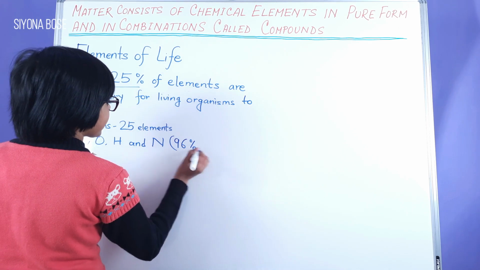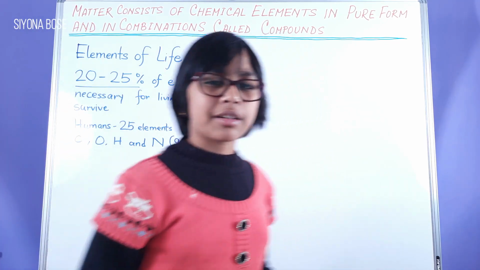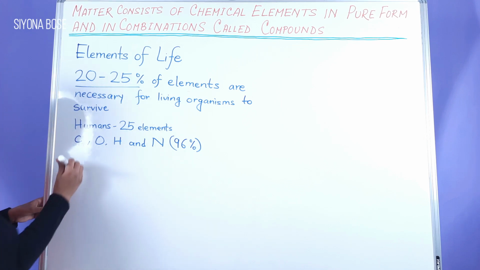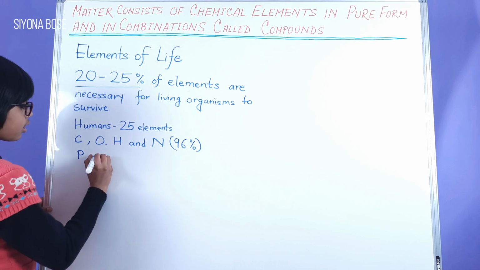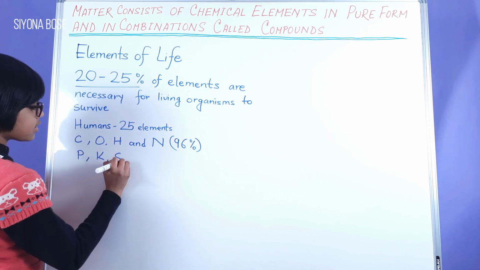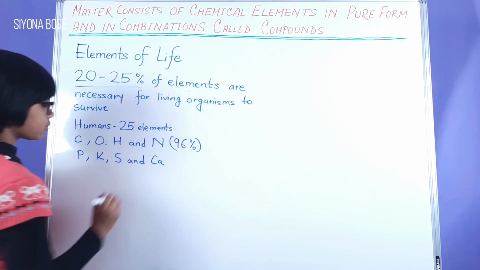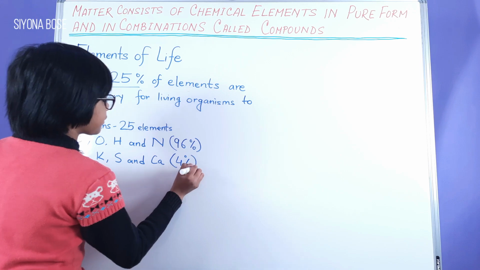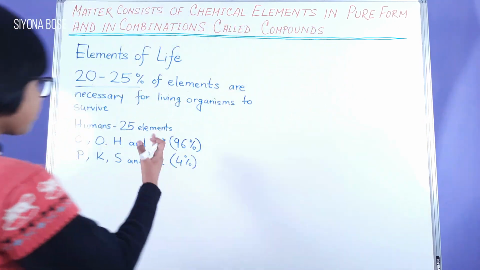The rest, approximately 4%, is made up of some less abundant elements, like phosphorus, potassium, sulfur, and calcium, and together that makes 100% of the body mass.